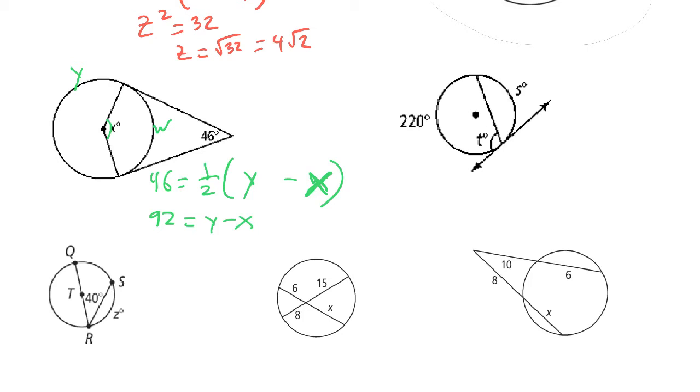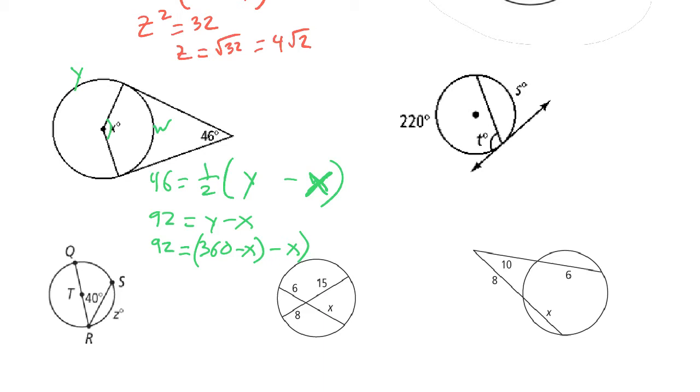But now if y minus x is 92, how else are they related? Well, y and x add up to 360, so I could say 92 equals 360 minus x, which gets me a weird expression, but it's just algebra. Minus x is minus 2x, and then I can move the 360 over.